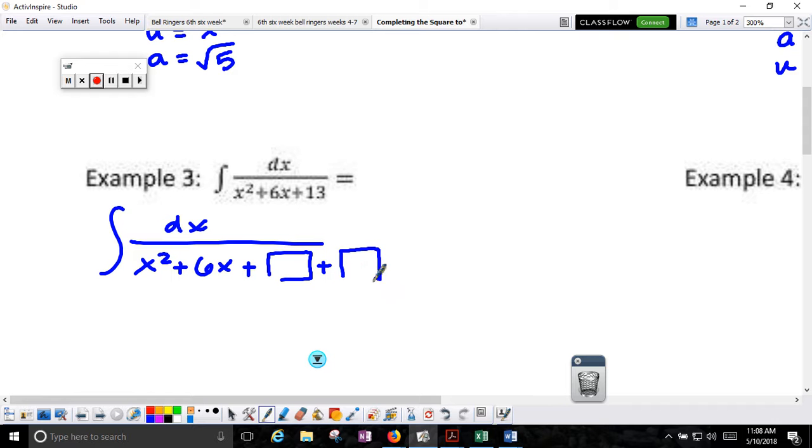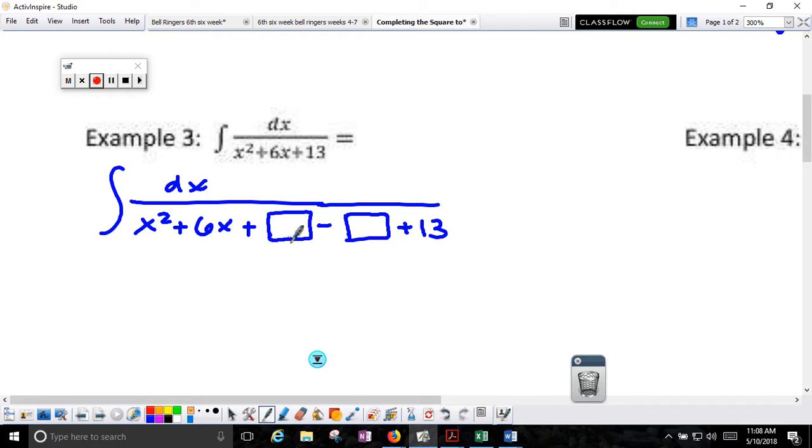So I'm going to move that 13 to the back of the denominator, and I'm going to do a plus box and a minus box. How do we get the number in the box? Well, I'm going to take half of the 6, which is 3, and then square it. That gives me 9. So I'm adding 9 and subtracting 9 to the denominator.